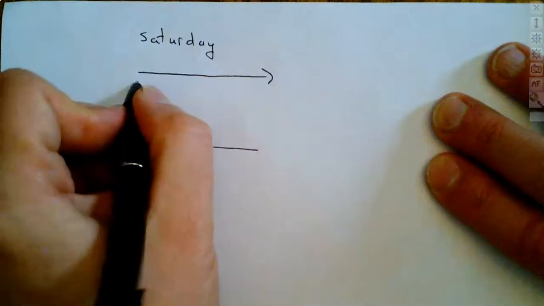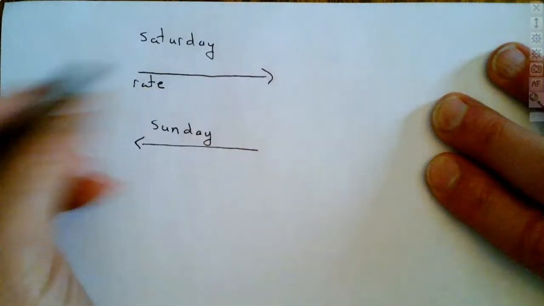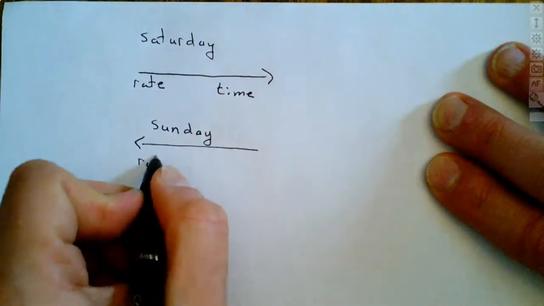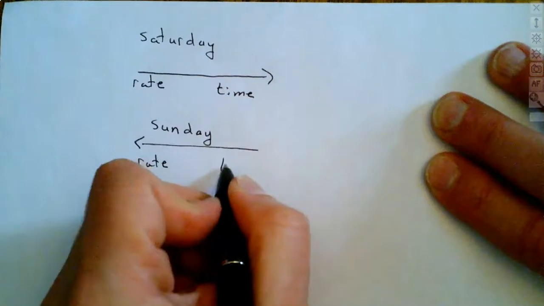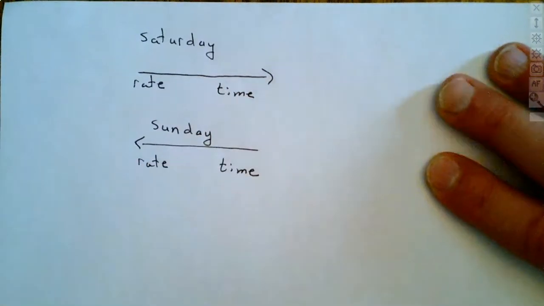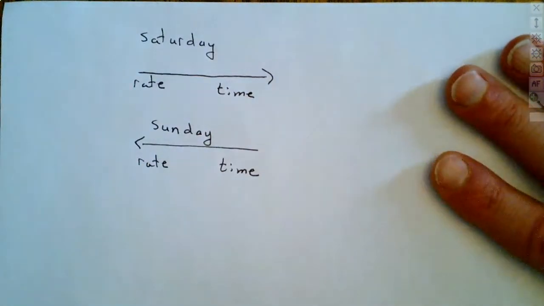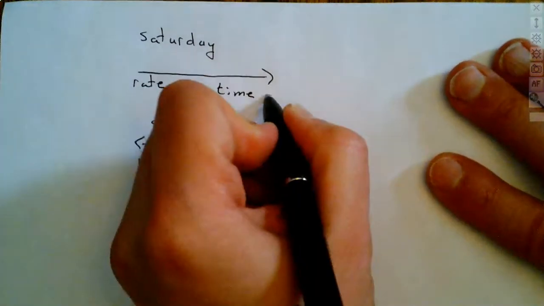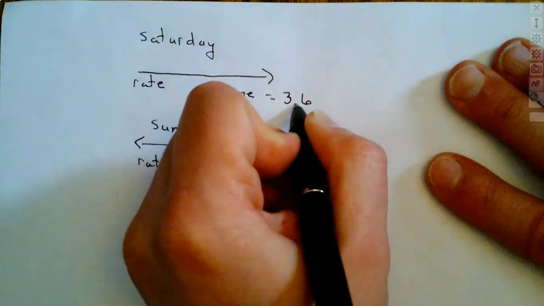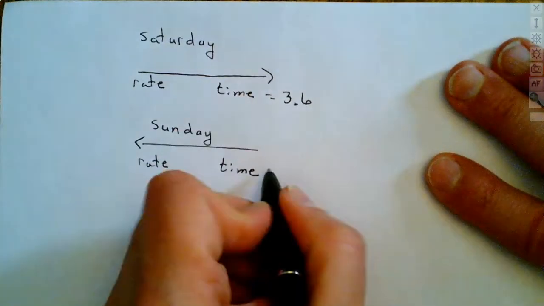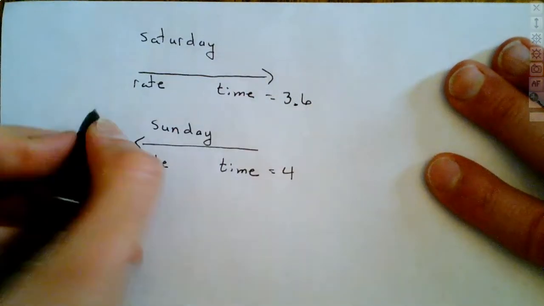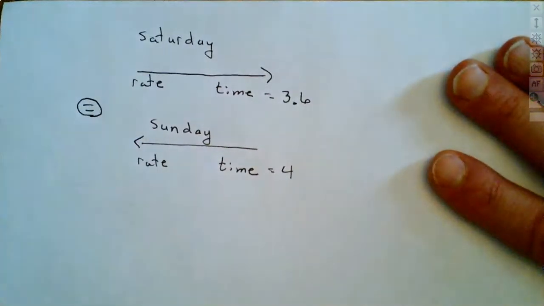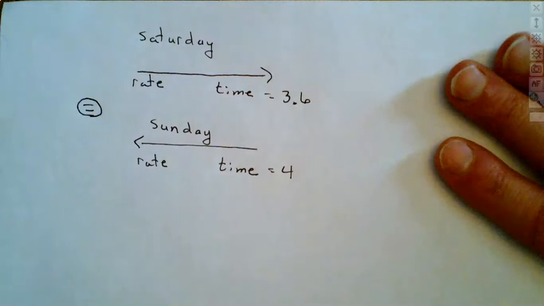Now, each of these has a rate and a time again. So when she drove to her mother's house, it took her, on Saturday, 3.6 hours to get there. On Sunday, that was 4. These should, again, equal each other because those distances should be the same.